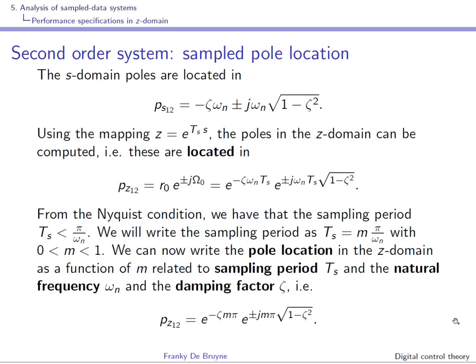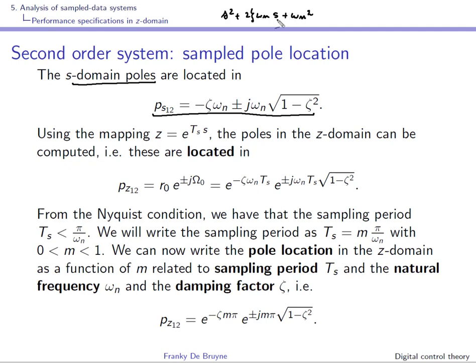Well, we can now have a look at the performance specifications in the Z-domain. Remember that the S-domain poles are located over here. This comes from the denominator of this second order transfer function with complex conjugate poles: s squared plus 2 zeta omega n s plus omega n squared.